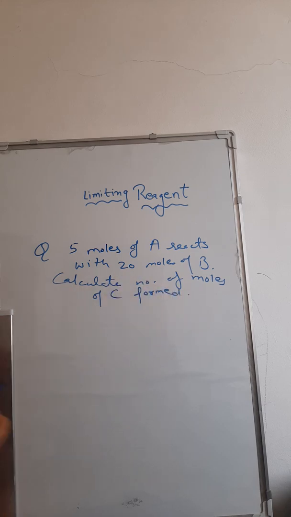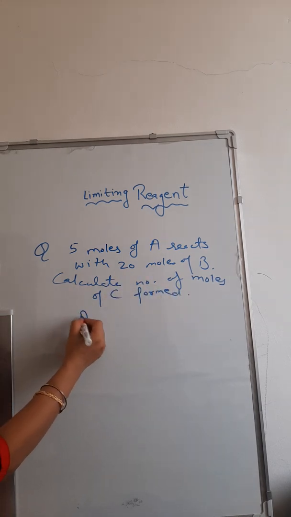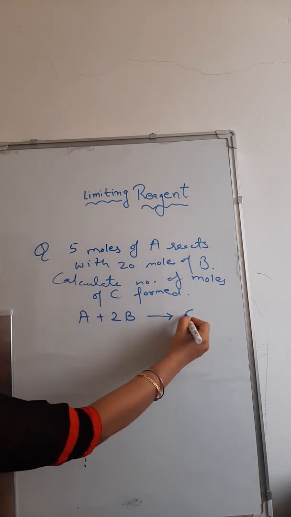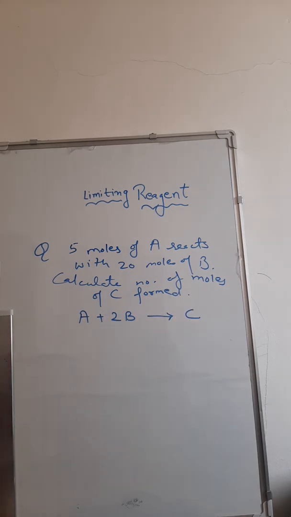The equation given to you is A plus 2B gives C. First of all, you have to find the limiting reagent. Then you have to calculate the number of moles of the product C formed.